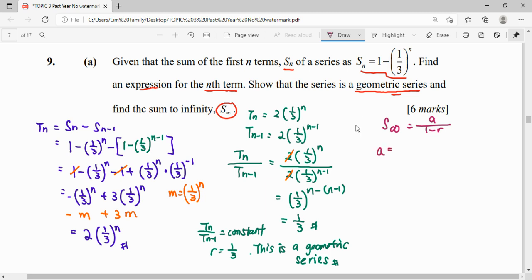So I have to find a, which is T1. So 2 times (1/3)^1 will be 2/3. So the sum to infinity will be 2/3 for the first term, where r is 1/3. When we do the division here, we get the answer 1.